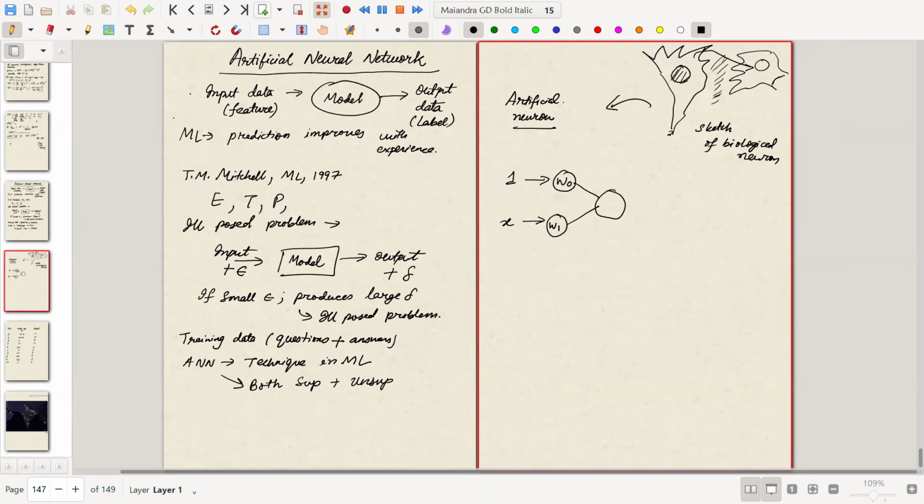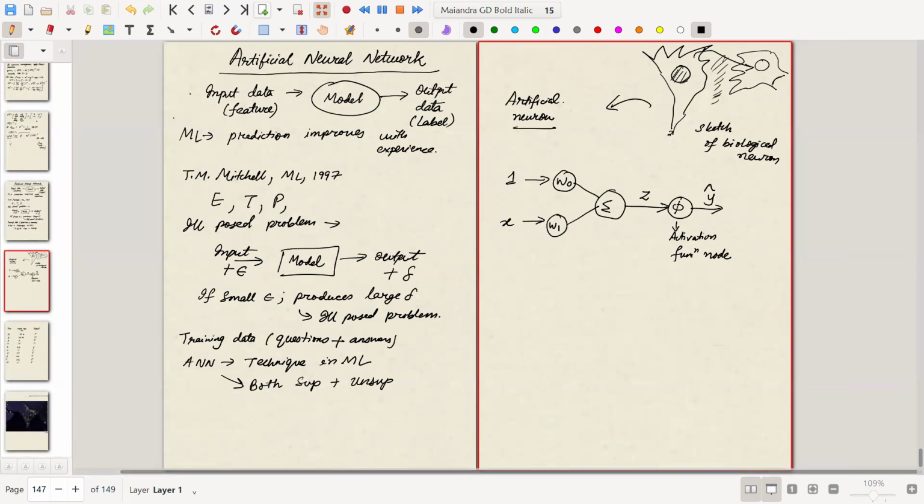This is the summation. Then z. Z is the input to your activation function. You will apply phi to this output of the sigma, and you have phi of z. Then this is your output y prime, y cap. Especially this node is the activation function node.